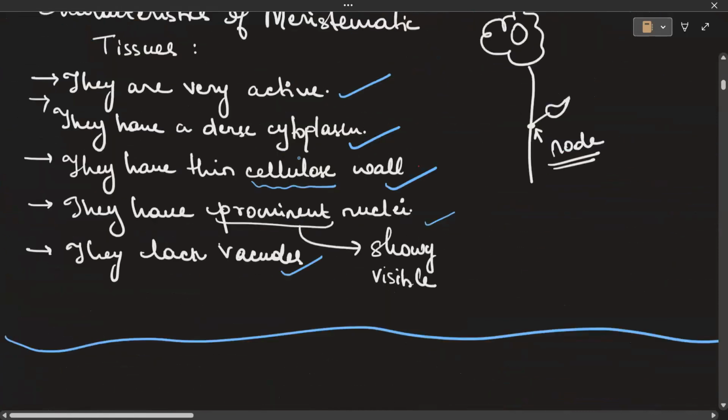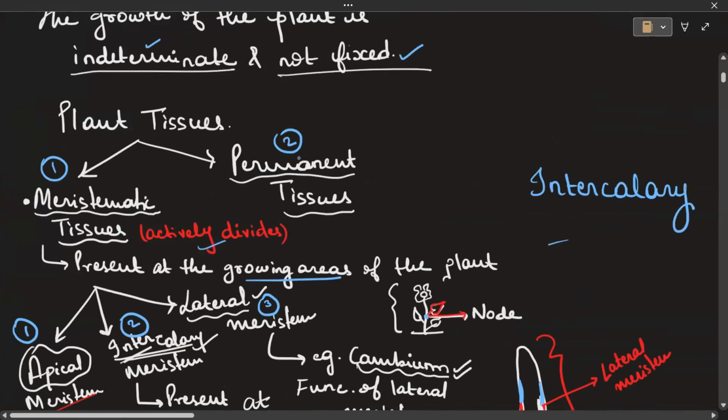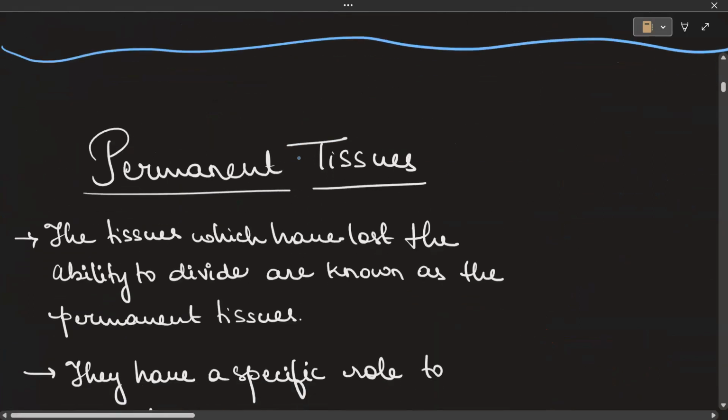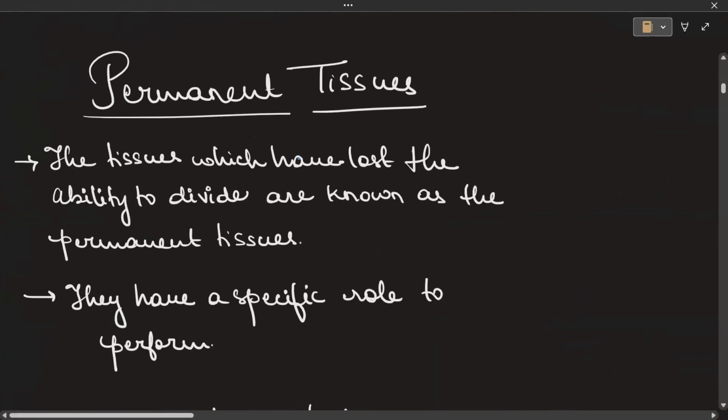Now, we saw that plant tissues are of two types. One is the meristematic tissue and the other is the permanent tissue. So now let us talk about the permanent tissues. As I told you, the meristematic tissues keep on dividing constantly, but after a while, there are some tissues that lose the ability to divide.